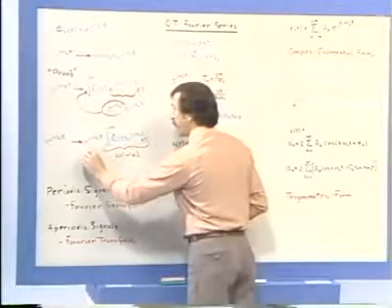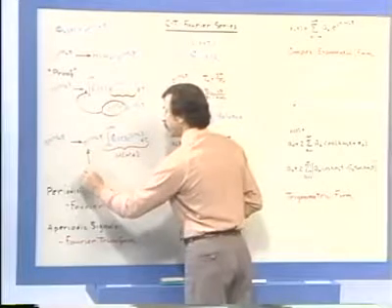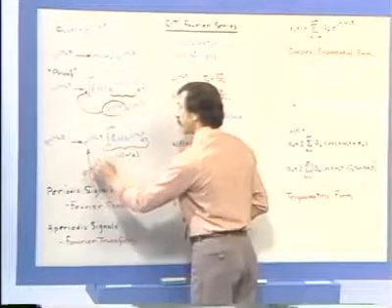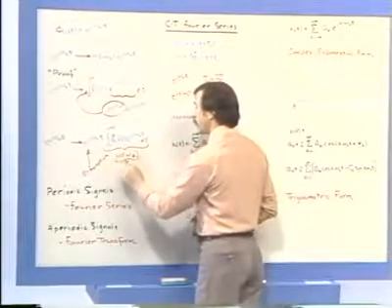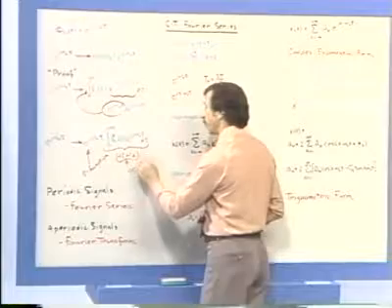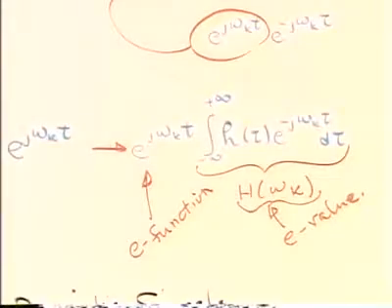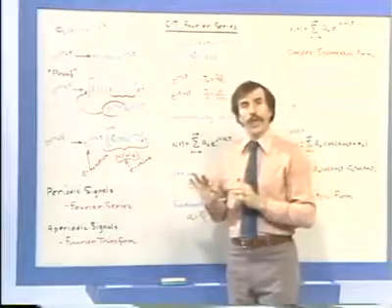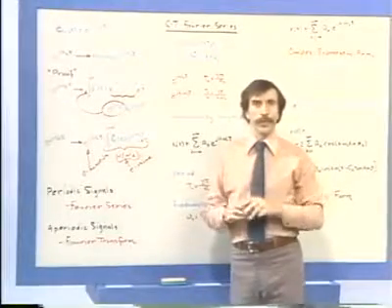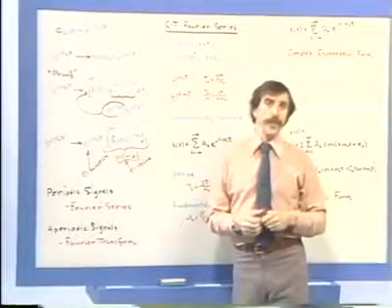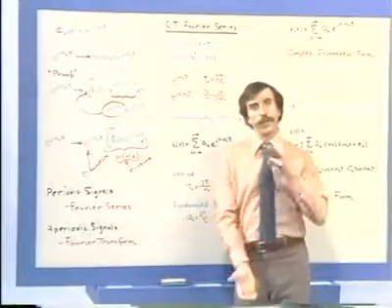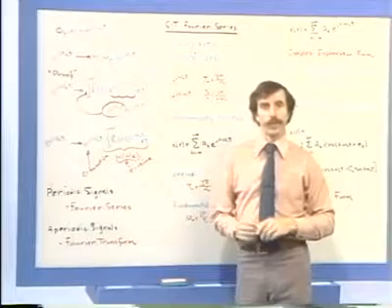So, in fact, this function is the eigenfunction, and this value is the eigenvalue. Okay, now it's because of the eigenfunction property that complex exponentials are particularly convenient as building blocks. Namely, you put them through the system, they come out with the same form and simply scaled.